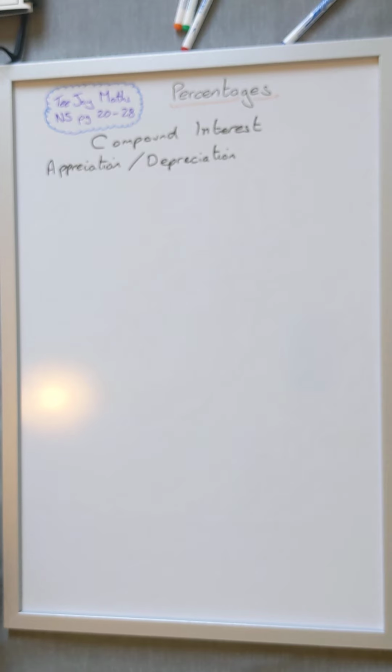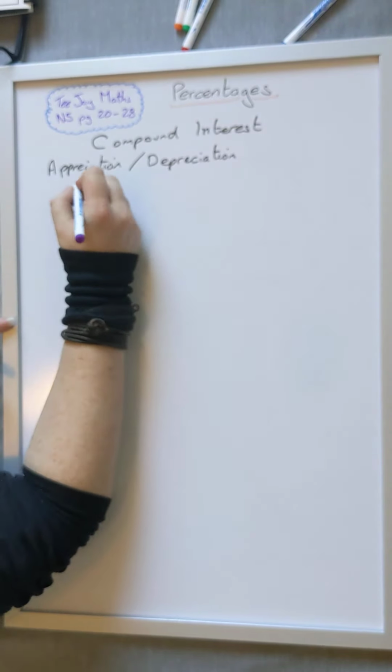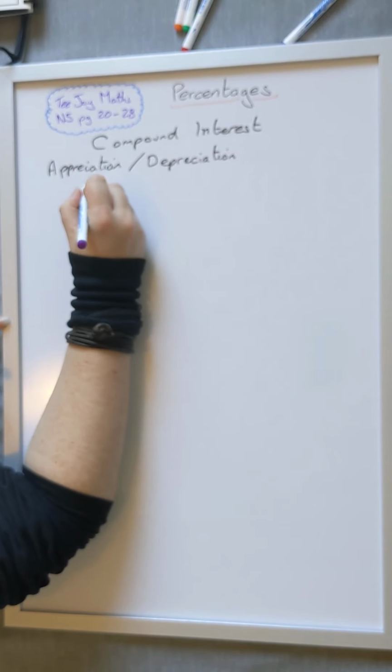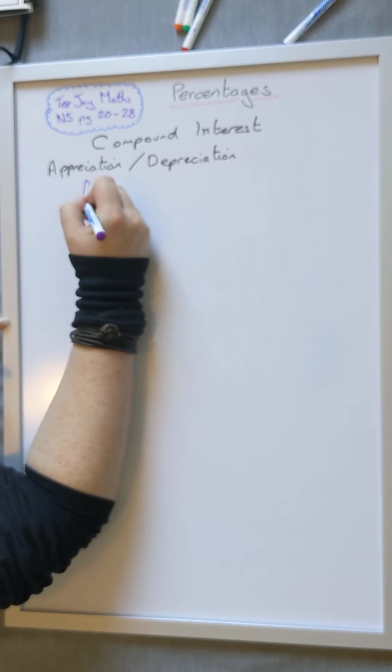Okay, so what we're doing is a repeated increase or decrease. So just like we did in the other one, you look for where your 100% is, and then you see what happens over time. So I'm going to give you an example now. If we had a car with, oh, cars don't appreciate in value.